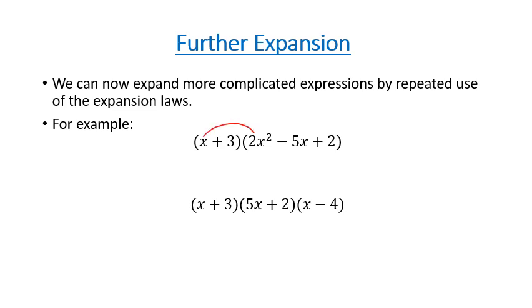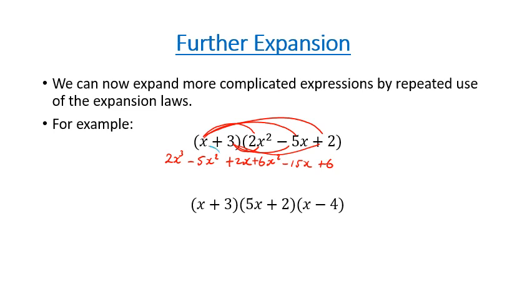This becomes 2x cubed, take 5x squared, plus 2x. And we've got plus 6x squared here, take 15x plus 6.